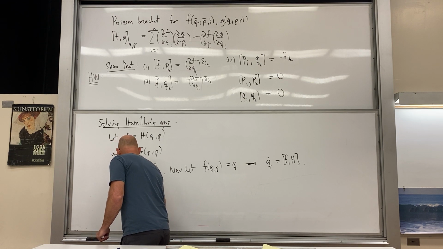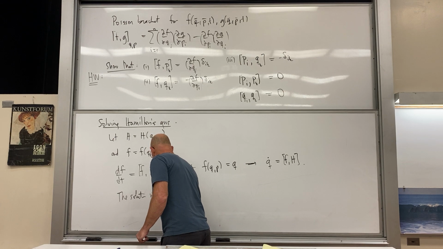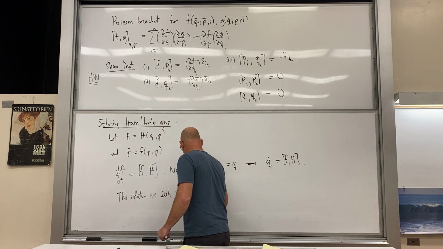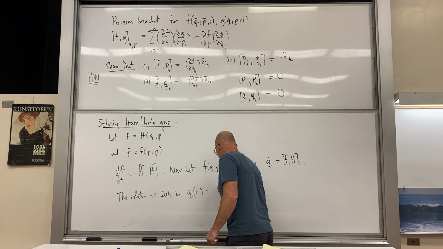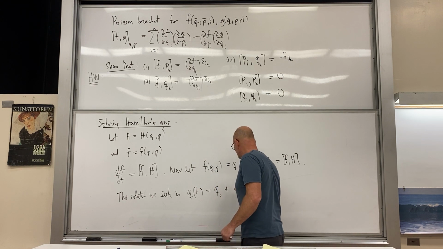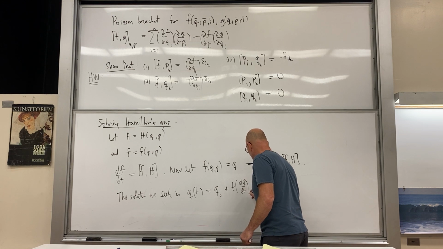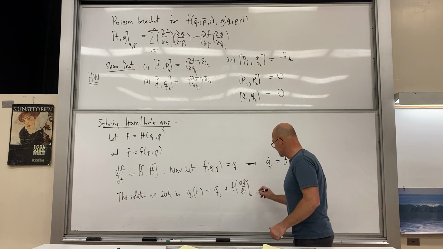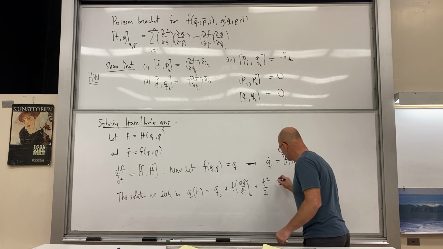The solution that we seek is q(t) equals q0 plus t times dq/dt evaluated at t equals 0, plus t squared over 2 times the second derivative, and so on.